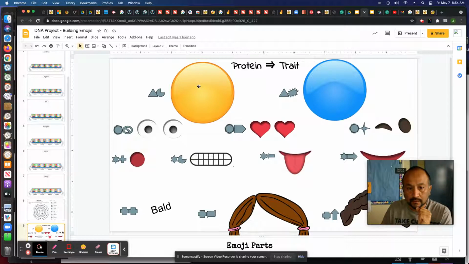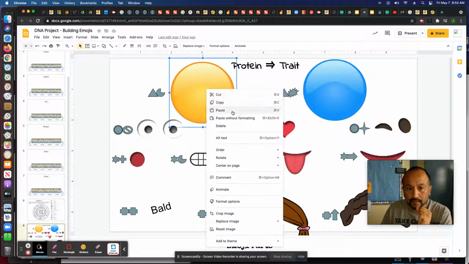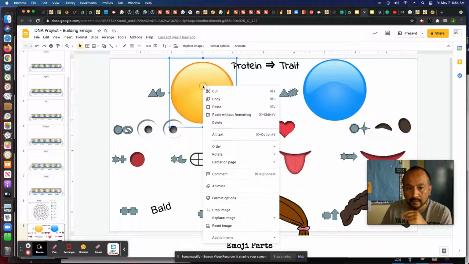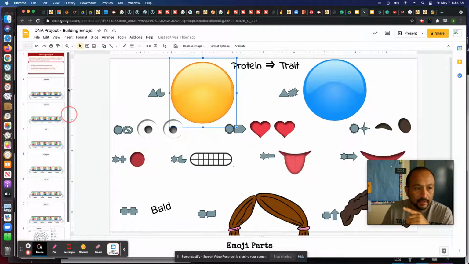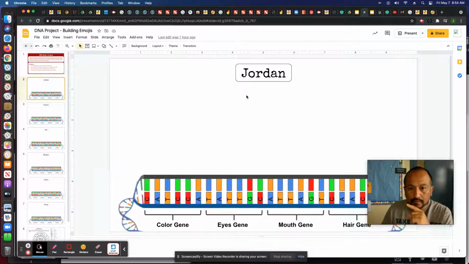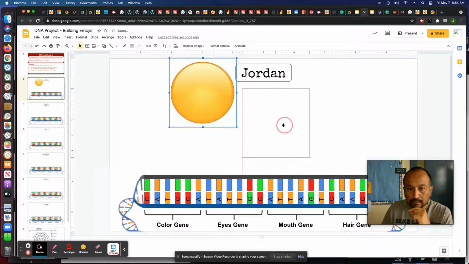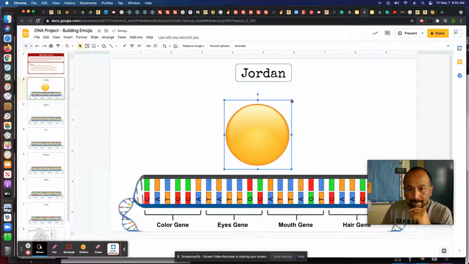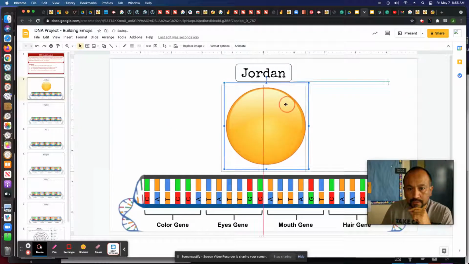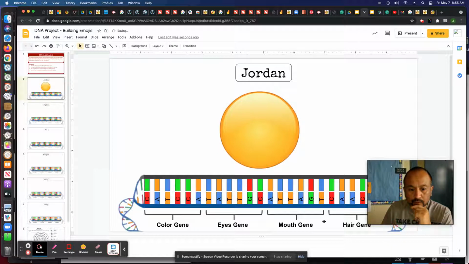So we hover over it, we right click and copy. And I'm going to go to Jordan and put it right under Jordan, right click, and there's Jordan's face according to its DNA code.